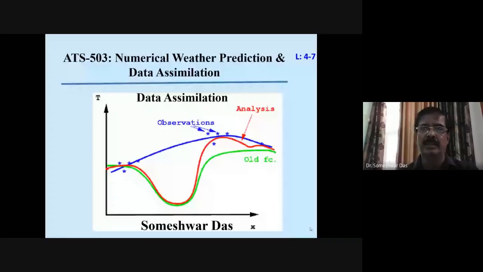The important among them were, of course, the successive correction method, the Cressman's technique, the Barnes scheme, and also the multiple optimum interpolation scheme. All right. And today we are going to discuss slightly more advanced techniques which are currently used in the models, which are known as variational assimilation schemes.